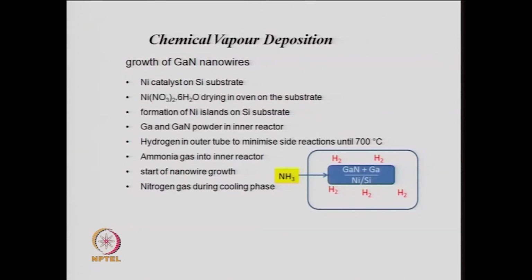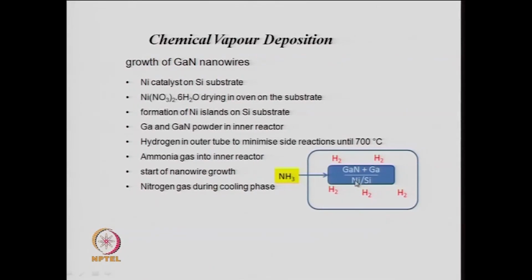Now, how you make this catalyst is you take a solution of nickel salt. The salt commonly used is nickel nitrate, and you put a few drops of this solution of nickel nitrate over the substrate and then dry it in an oven. So, you will have some nickel islands on the silicon substrate, and that is what is shown here.